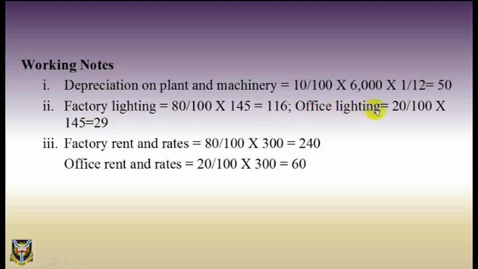Office lighting is equal to 20/100 times 145 is equal to 29. 3. Factory rent and rates is equal to 80/100 times 300 is equal to 240. Office rent and rate is equal to 20/100 times 300 is equal to 60. Solution.